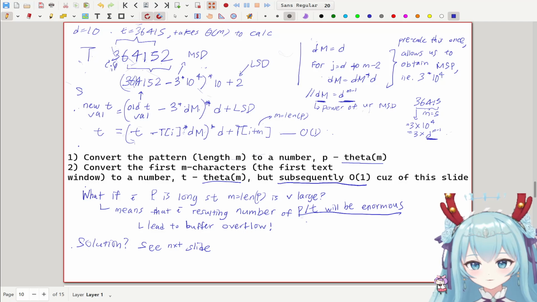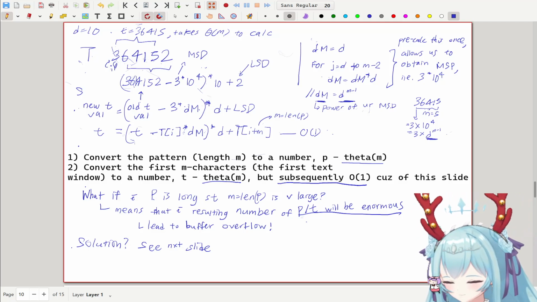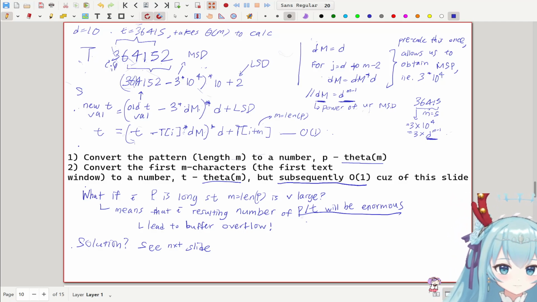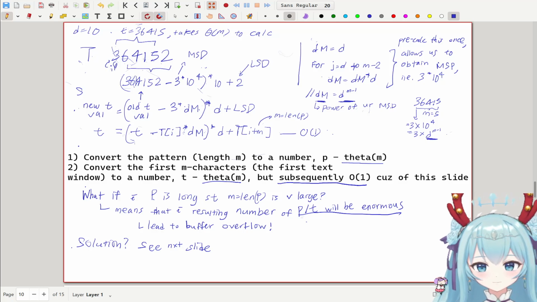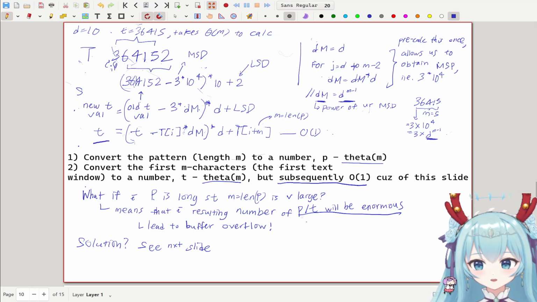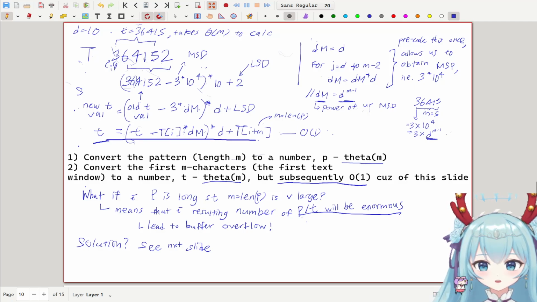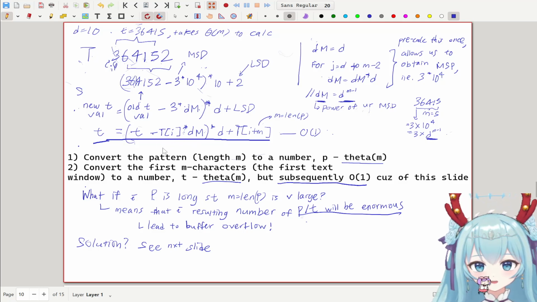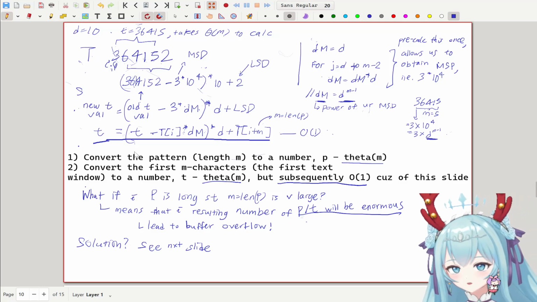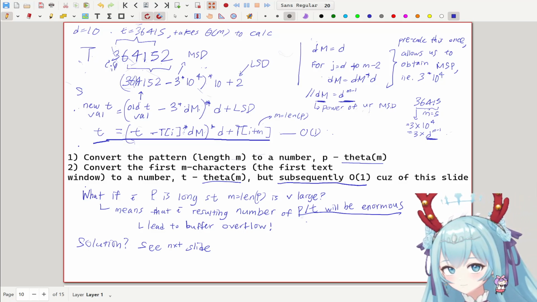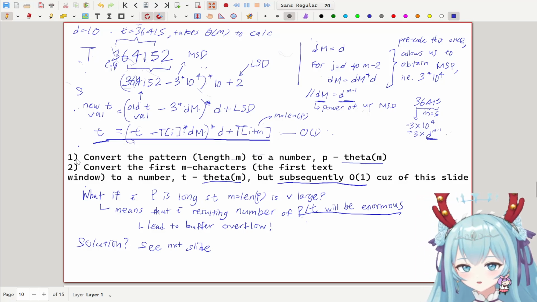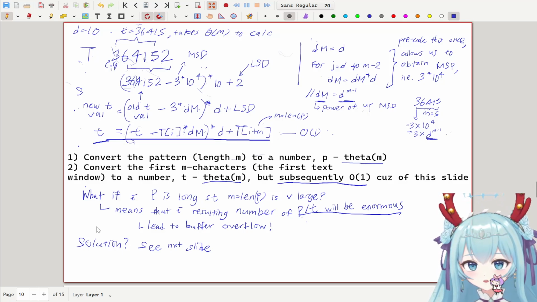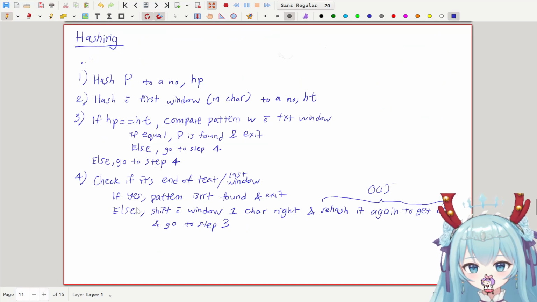Whenever we want to update the value of ht, we'll need to use d to the power of n minus 1, as you can see in this line. We'll be using this line very often whenever we want to calculate the new ht value. The only difference is that now we'll need to update it with some hashing involved.